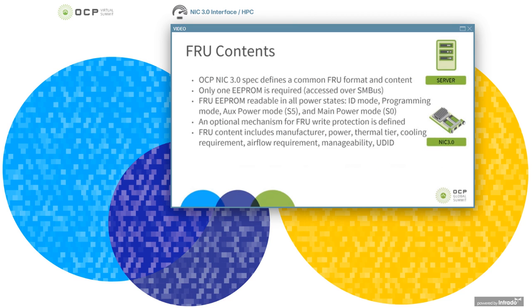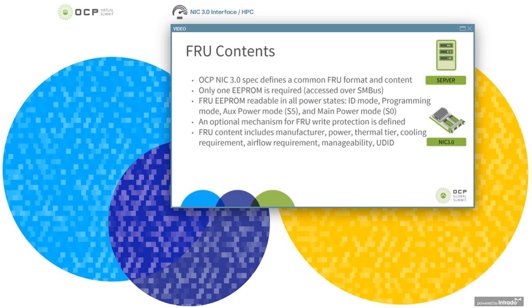These are based on the existing IPMI FRU specification, and OCP has, in addition to what's defined in the IPMI spec, its own OCP OEM record to handle things that were not defined by IPMI.